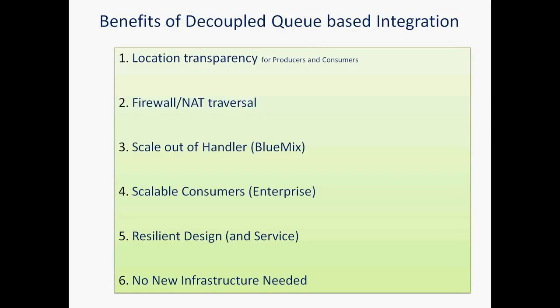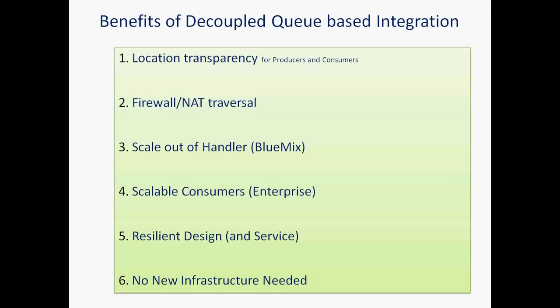Of course, scale out of the handler. Let's say the Bluemix app itself is scalable, and more members come in. We saw in the last presentation about auto scaling on Bluemix how this scales beautifully. There's no problem. It's also scalable on the consumers. If your application can take care of the interaction with the databases simultaneously, you could stand up multiple instances of your consumer.